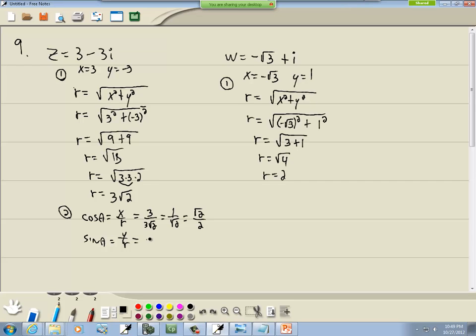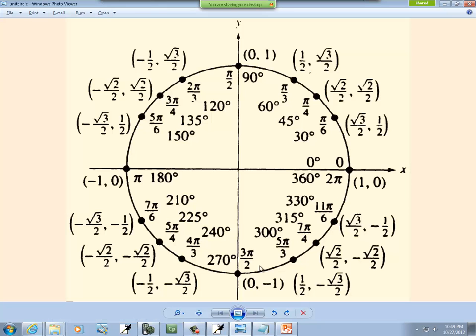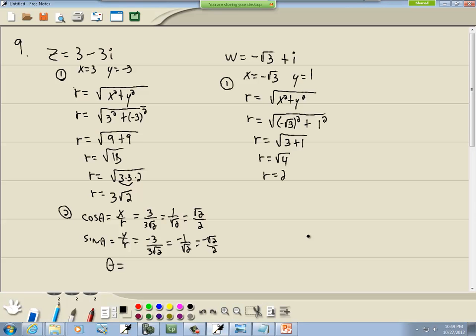Sine is y, which is negative 3 over 3 square root of 2, which is negative square root of 2 over 2. Cosine's positive, sine's negative. It's in the fourth quadrant. I'm just not very good with degrees. It's 360 minus 45. Was that 315? Let me go look. 315.